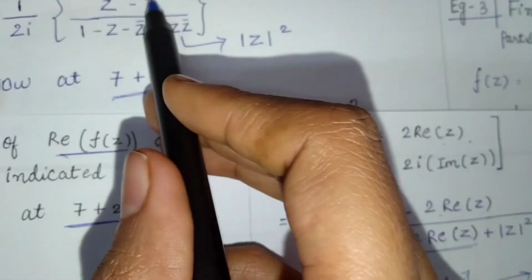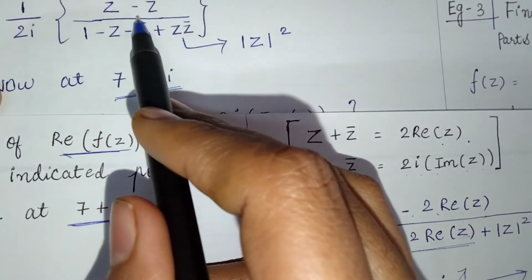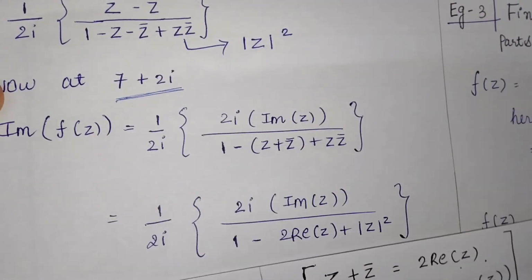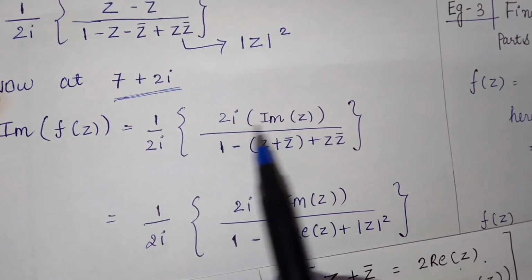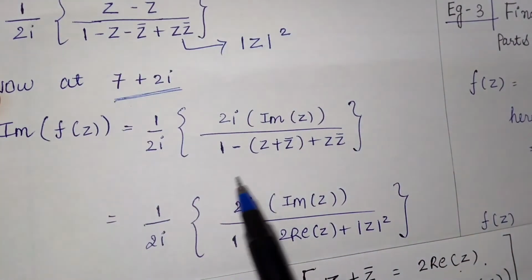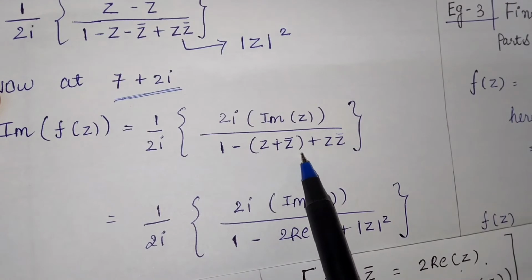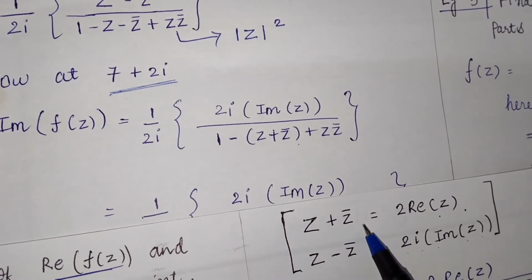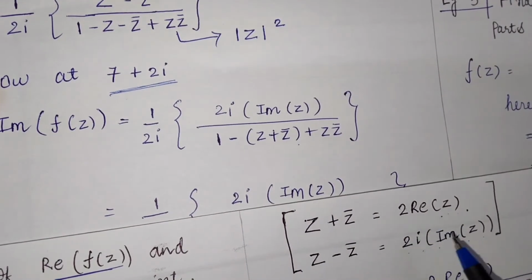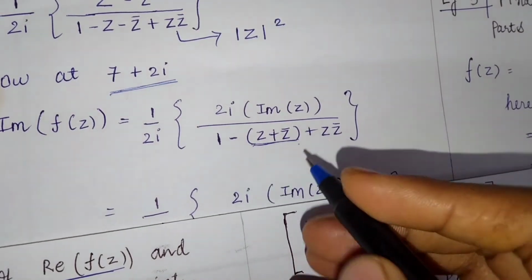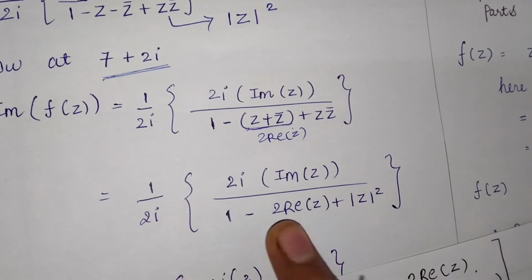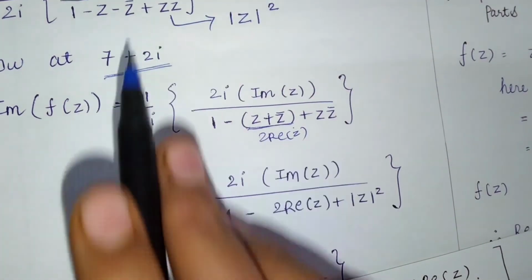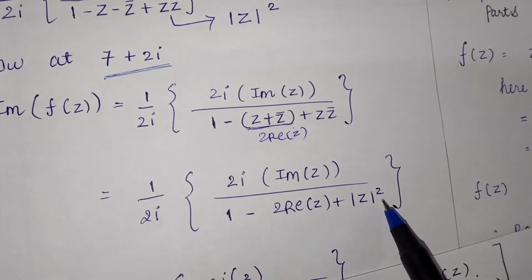So in the numerator, where z minus z conjugate is, we write 2i imaginary part of z. And taking minus common from the denominator, again it will be z plus z conjugate. And what is z plus z conjugate? 2 real part of z. So in its place we will write 2 real part of z. And z into z conjugate is mod z square.